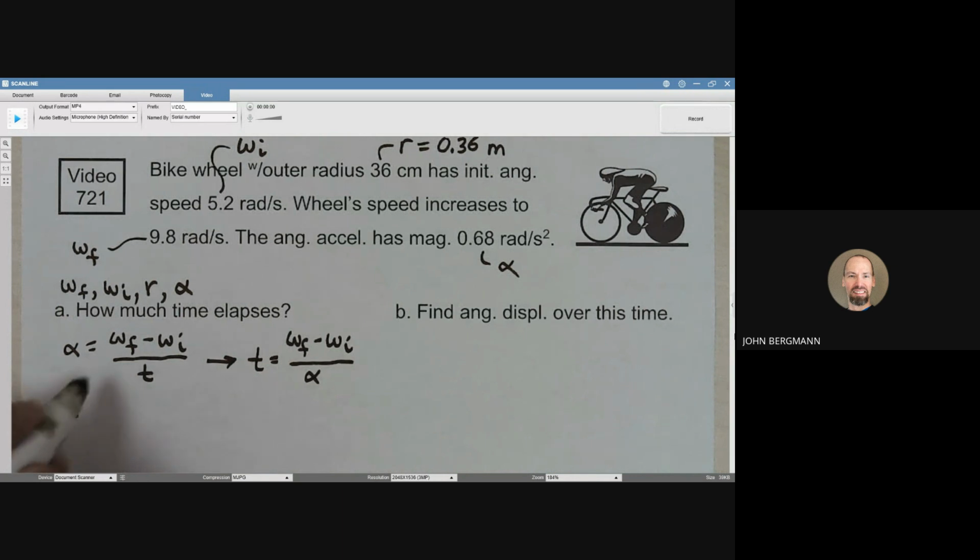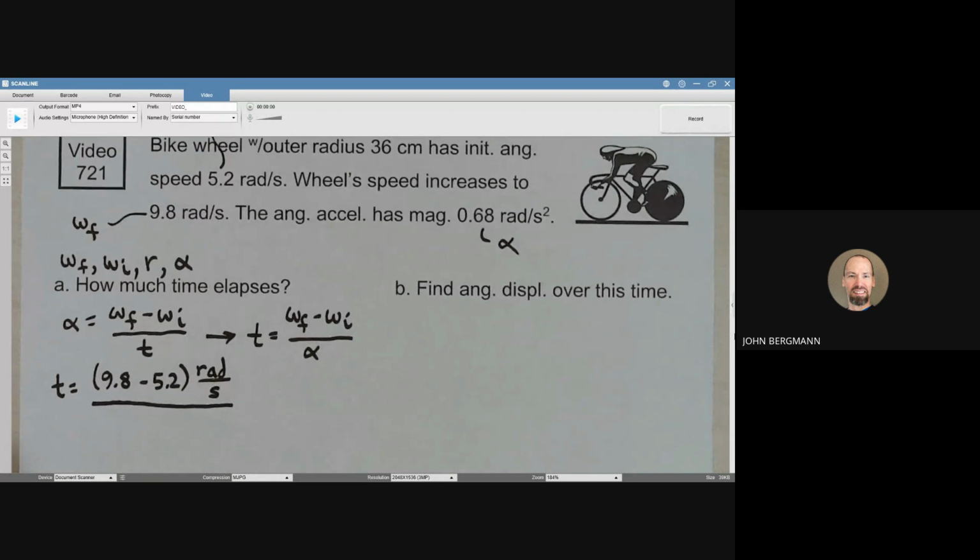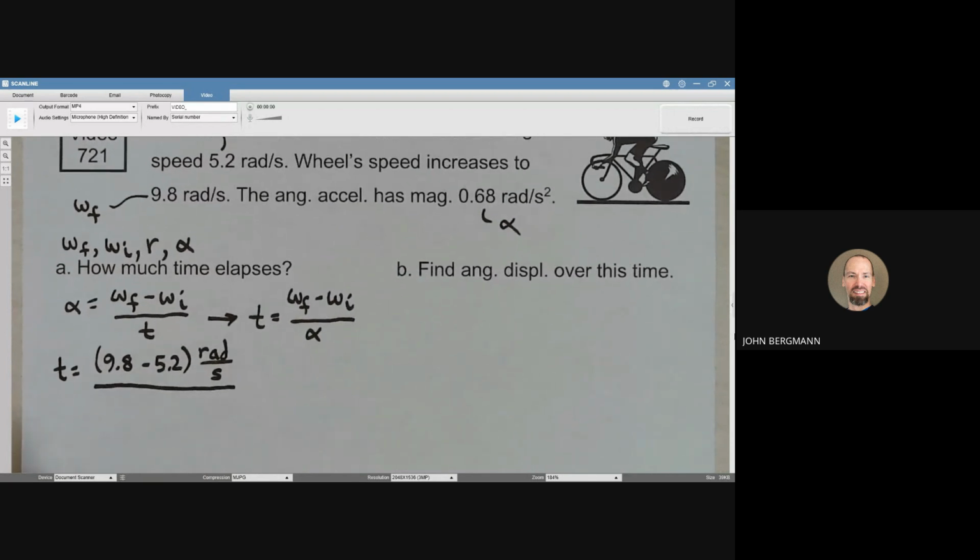Omega final is 9.8 radians per second. Omega initial is 5.2 radians per second. I'll go ahead and put the units in there. And we're going to divide by the angular acceleration, which we're told is 0.68 radians per second squared.